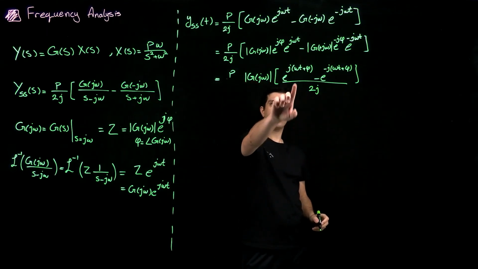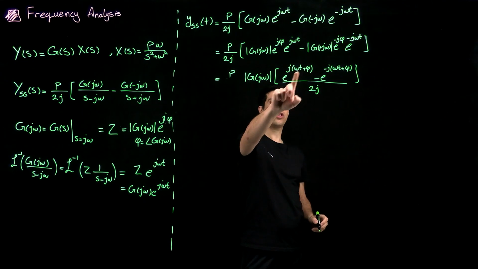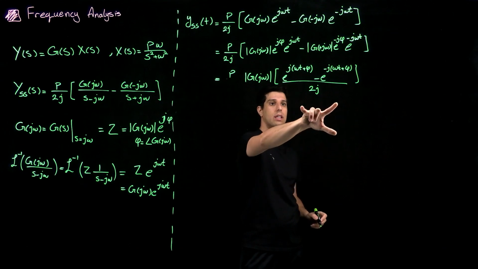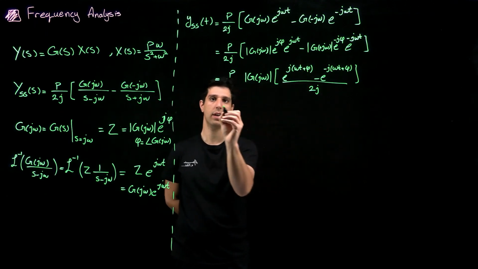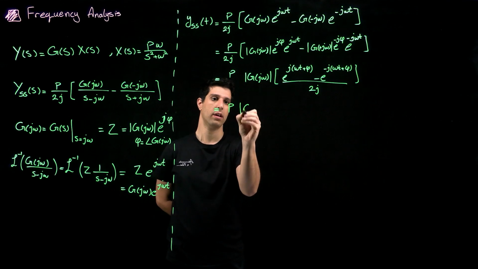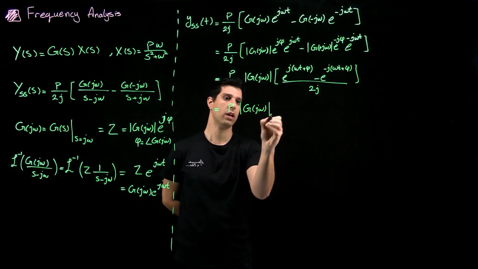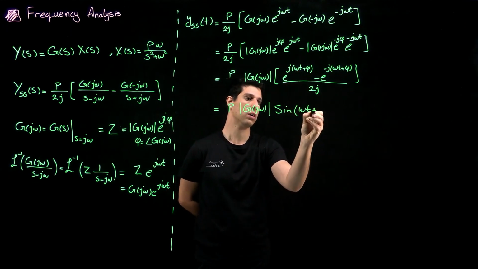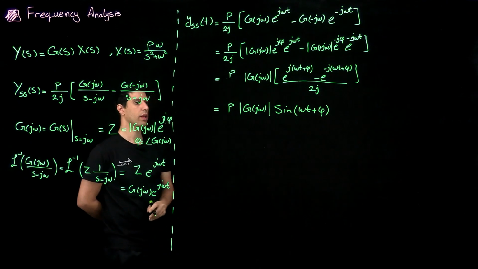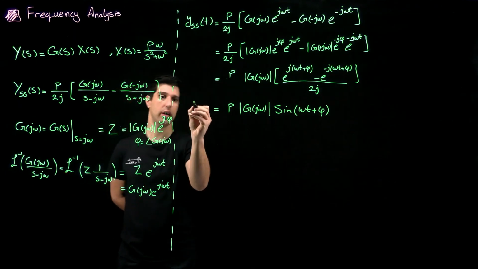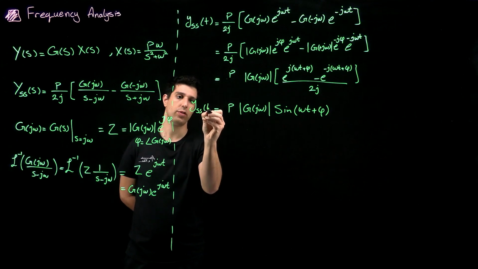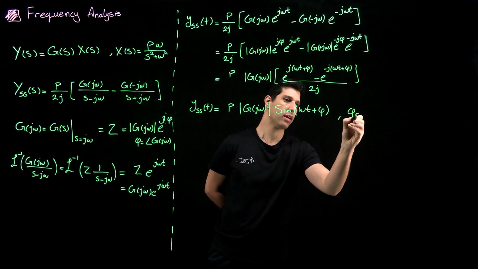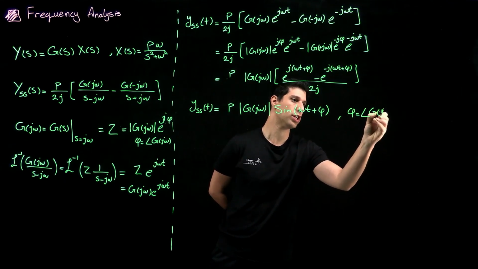Now this is a very familiar form, e to the j theta minus e to the minus j theta over 2j. That is sine of theta. So I have p times the norm of g of j omega times sine of omega t plus phi. And that is my steady state response. And here phi is the angle of g of j omega.